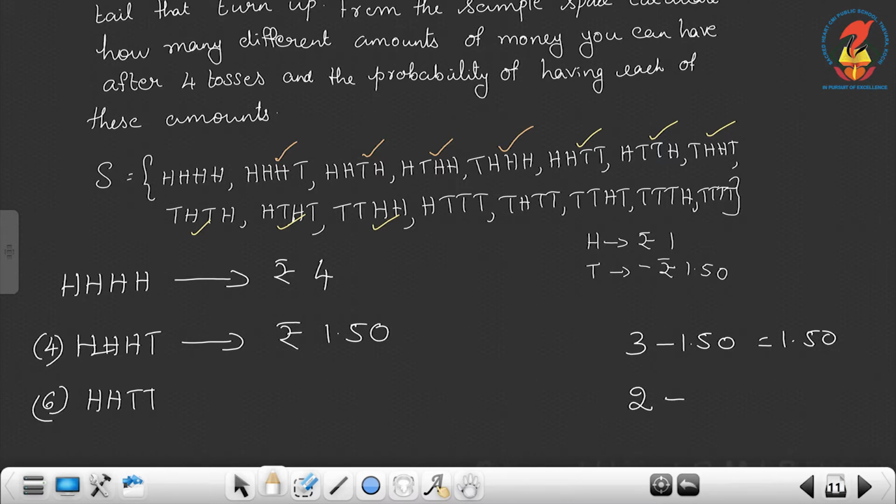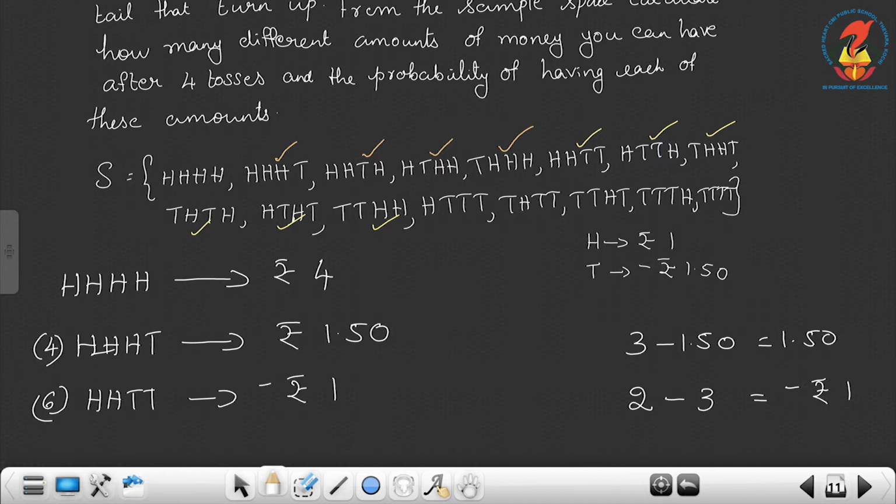From that subtract double T. For 1T we lose 1.50. So for 2T, 1.50 into 2, that is 3 rupees. So 2 minus 3 means minus rupees 1.